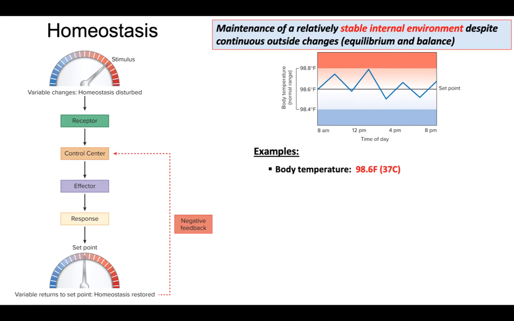So the effector might be sweat glands, right? So when you have high body temperature, what happens? You've got to tell your sweat glands to sweat, and that cools the body. If your body temperature is low, the effectors would be skeletal muscle. So now we can shiver and bring that temperature up. So the effector is going to produce a response that brings us back to normal, all right?